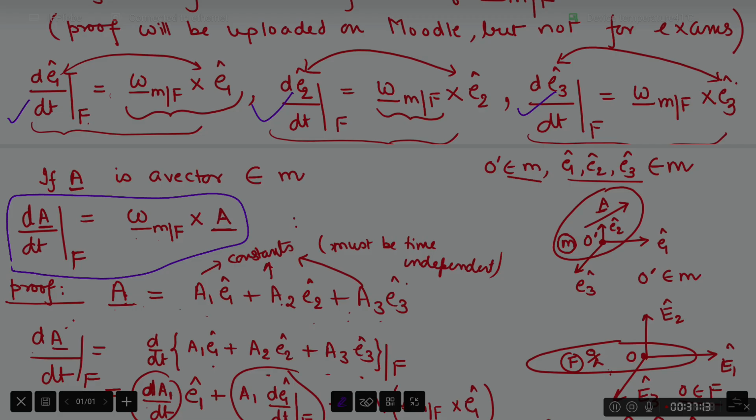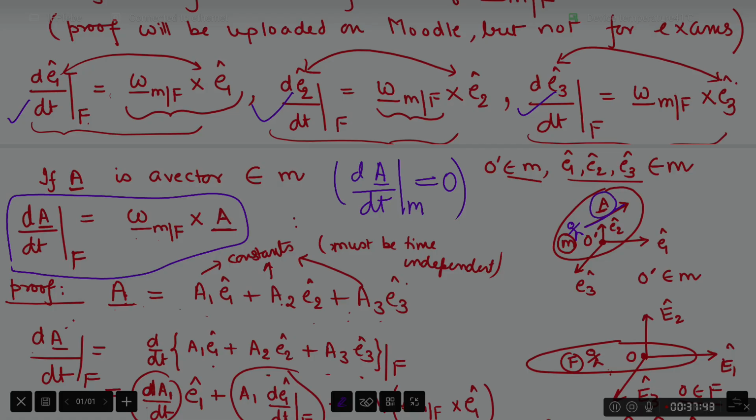If A is a vector fixed to M, in other words, A is a vector such that for this observer who is tied to M, neither the magnitude nor the direction of this vector changes.